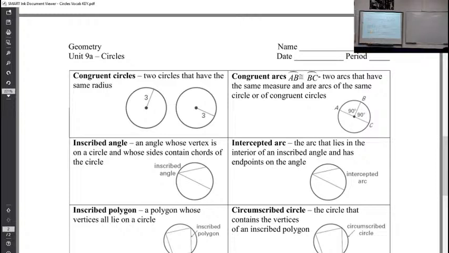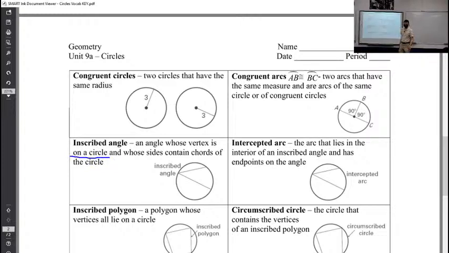So we've already talked about a central angle, which again is an angle that's at the center. Now, if the angle, instead of being at the center, is on the circle, then we call it an inscribed angle.